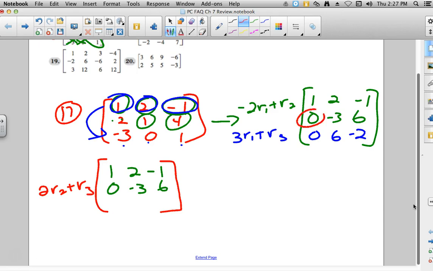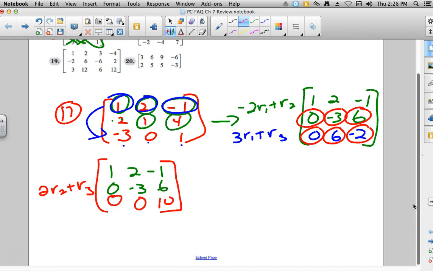So 2 times 0 is 0, plus 0 is 0. That hasn't affected my zeros that I need there at all. 2 times -3 is -6, plus 6 is 0. That's what I wanted to happen. 2 times 6 is 12. 12 plus -2 is 10.